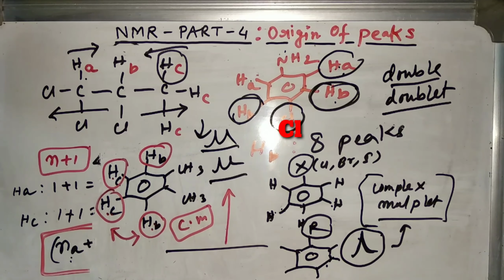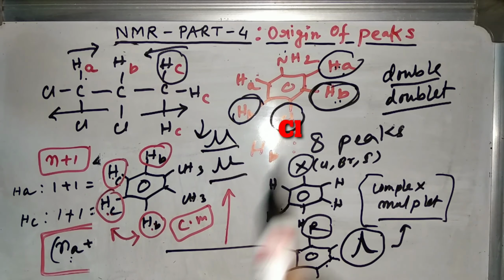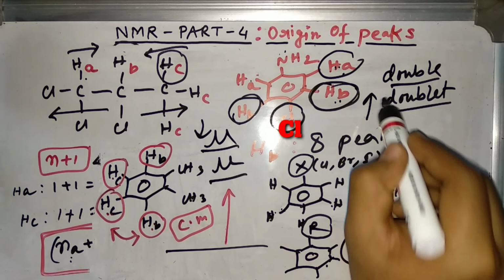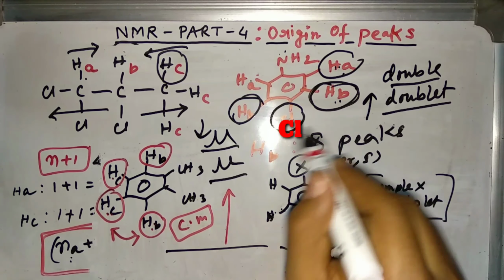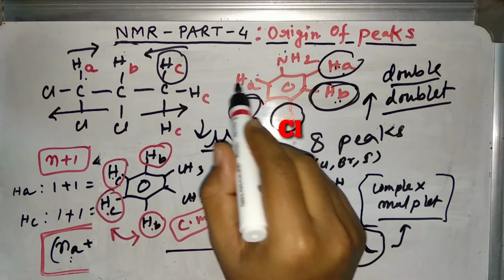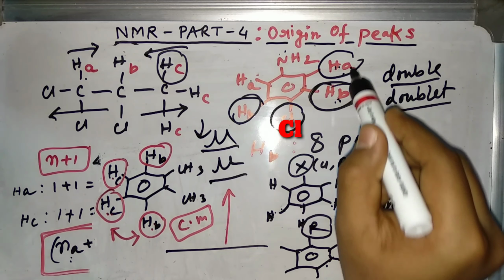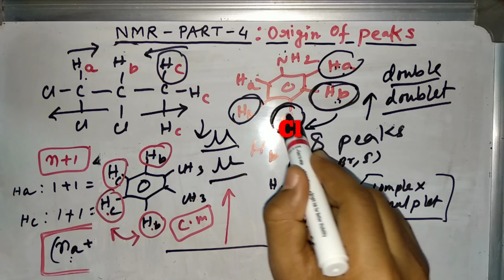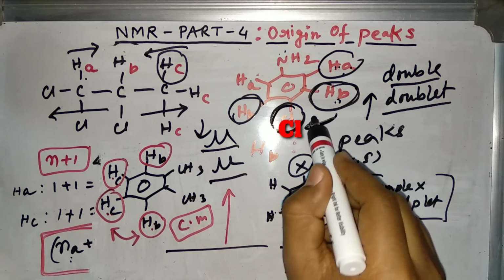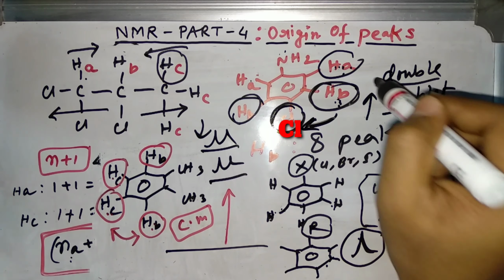So why is it a double doublet? Because Ha are chemically equivalent, Hb are chemically equivalent. I have already given this example in my previous videos, so you can check them. Both Ha are chemically equivalent, and both Hb are chemically equivalent, but Ha and Hb are not chemically equivalent. So Ha will couple only with Hb, as there is no H atom further, and Hb will couple only with Ha.